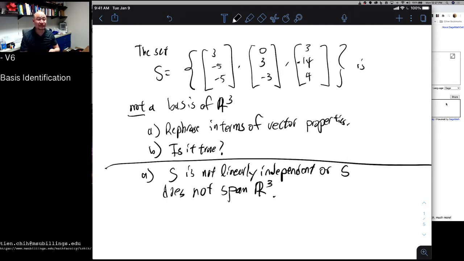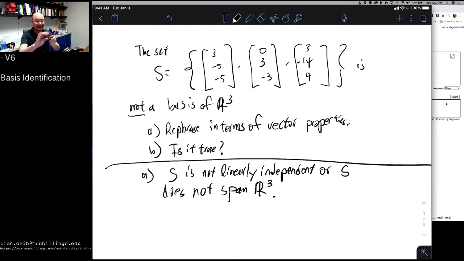So just to briefly recap what it means to be a basis, the intuition we want to use is that to be a basis means that you are a good coordinate system for the space. What it means to be a good coordinate system is, one, that you can reach everything in the space, i.e. spanning, and that there's only one way to reach everything in the space, i.e. linearly independent. If you don't span, you can't get everything in the space, and that doesn't make you a good coordinate system.